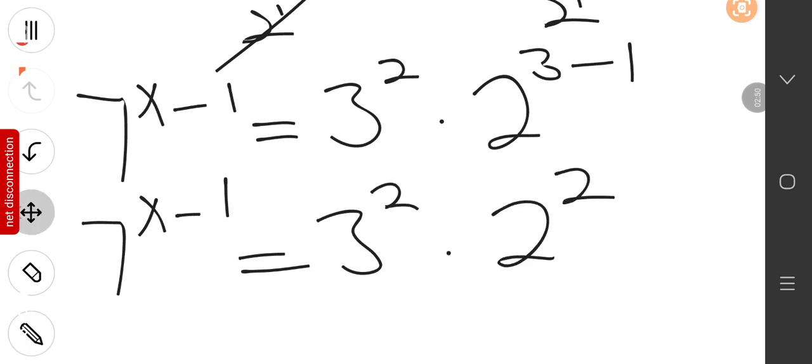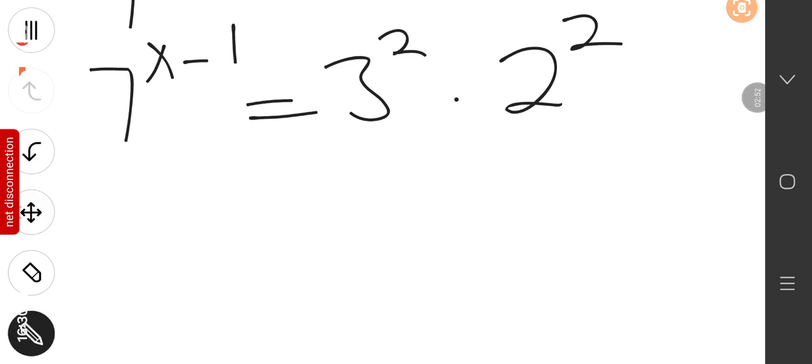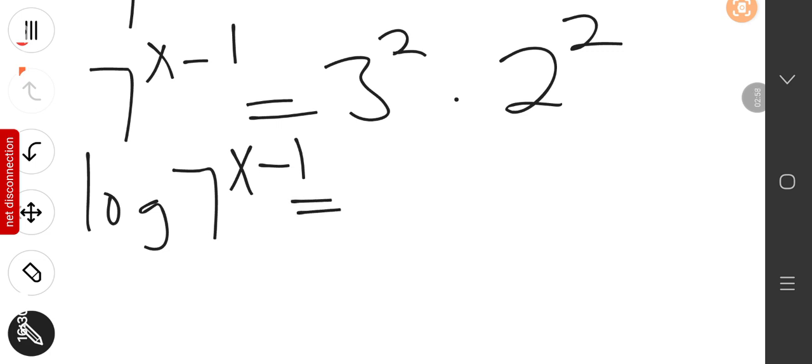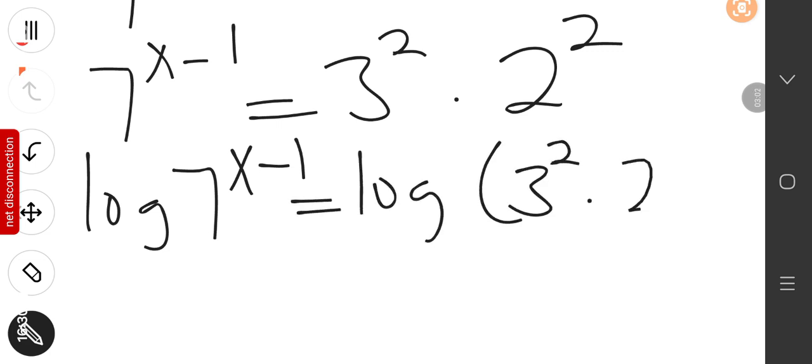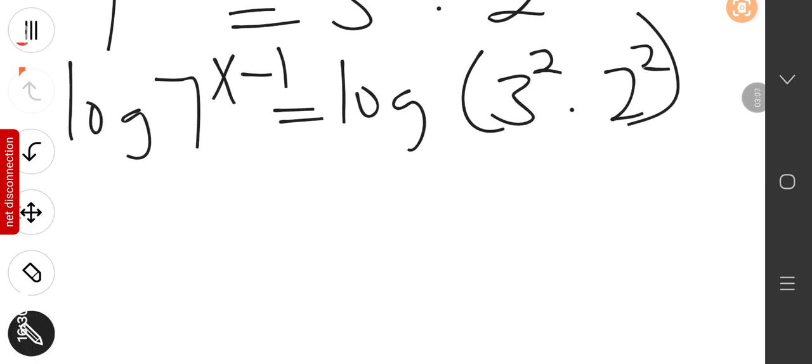So we are going to apply logarithm here. We say log 7 exponent x minus 1 equals log 3 squared times 2 squared. We are going to apply the product rule of logarithms, and then we are also going to apply the logarithm definition.